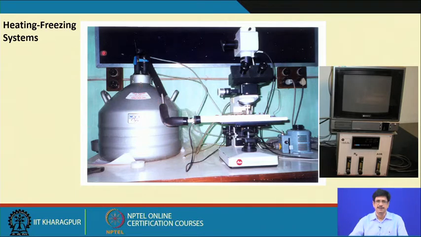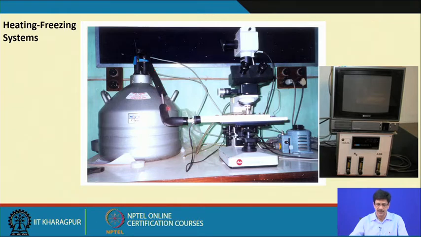The nitrogen comes from a commercially available cylinder, and within the liquid nitrogen dewar there is a copper coil assembly. The dry nitrogen gas is made to circulate through this assembly, controlled by the flow meter, which makes the gas flow at a specific rate, and the gas gets cooled.